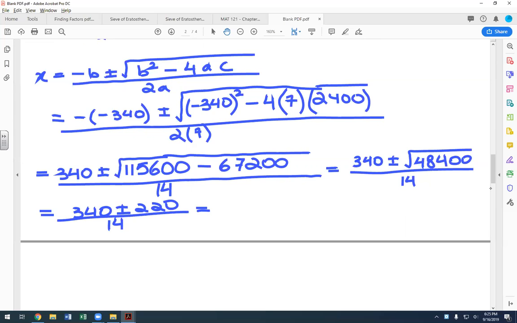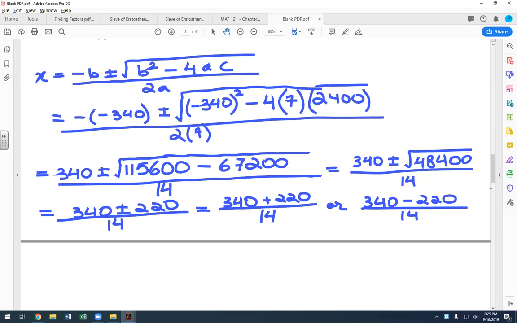Then again, you can break it up into 2 parts: 340 plus 220 over 14, or 340 minus 220 over 14.